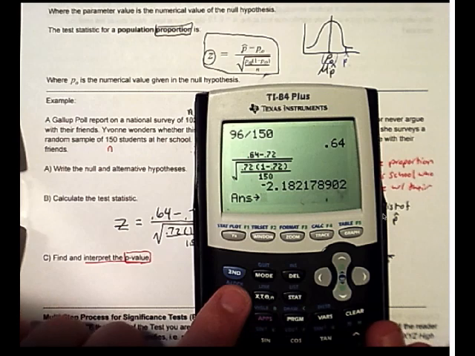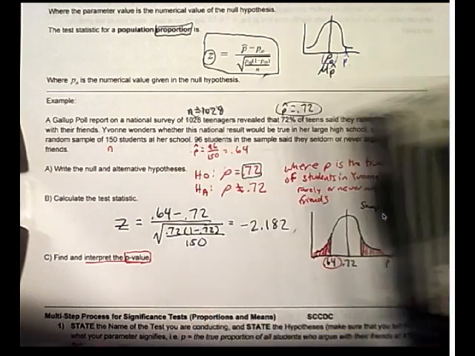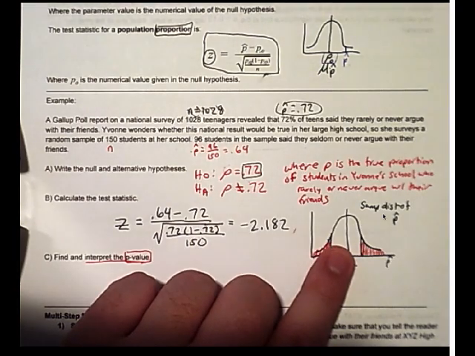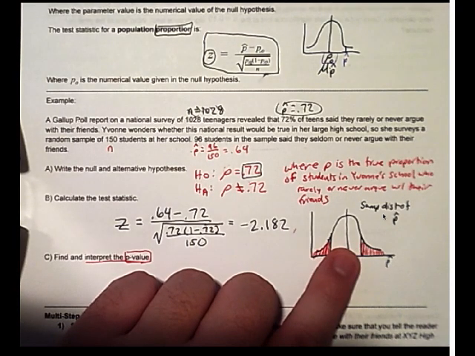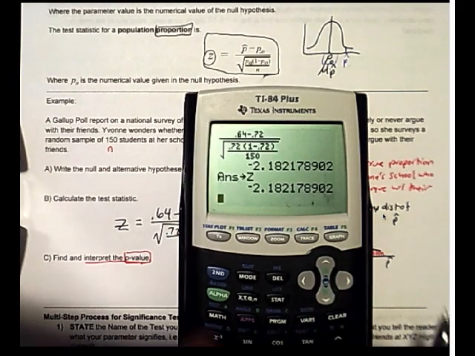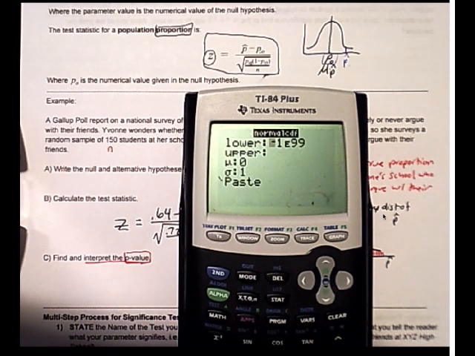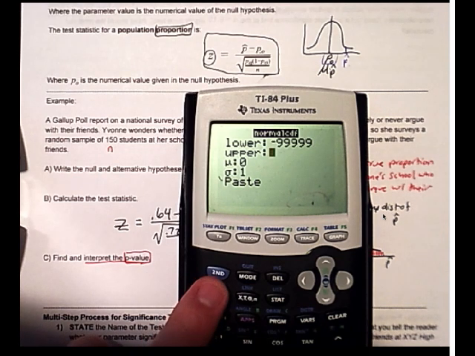I'm just going to store it as z because it's a z test statistic. And then I know that this is a normal curve. All right, so I'm going to go to my normal curve. I'm going to go normal CDF. All right, I'm going to go from negative infinity up to my z value.